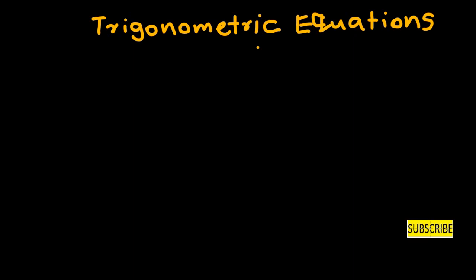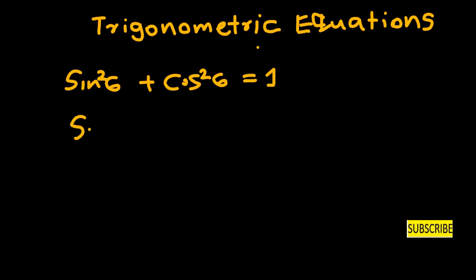Equation number 1 is sine square theta plus cos square theta equals 1. And you know sine theta divided by cos theta equals tan theta.